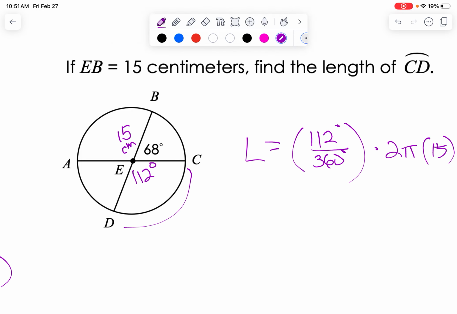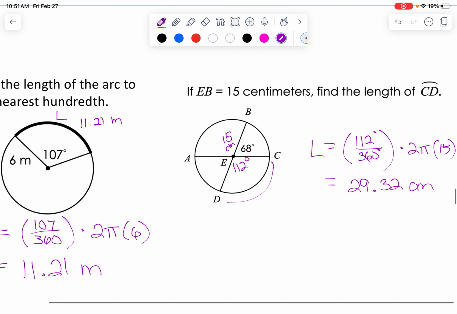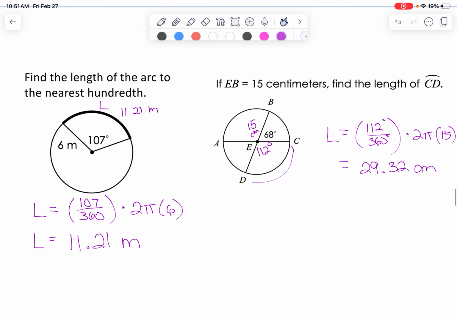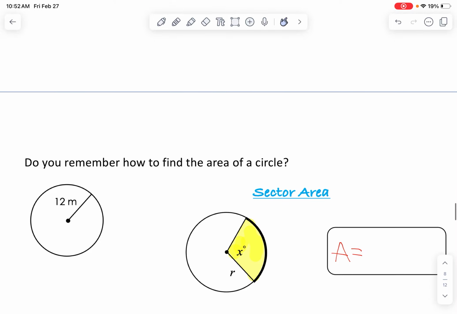Now I'm going to do all of that. If you multiply all that out on your calculator, and then round appropriately, we should get 29.32 centimeters. Okay, cool. I hope that's making sense.